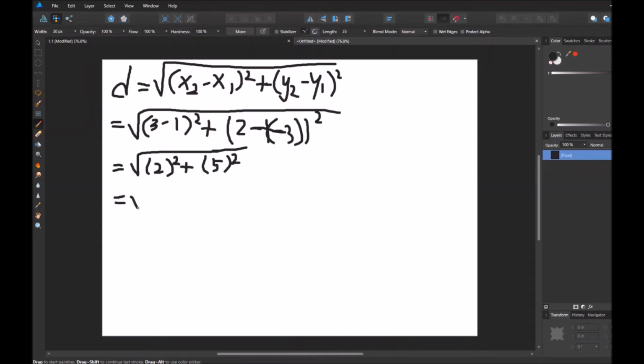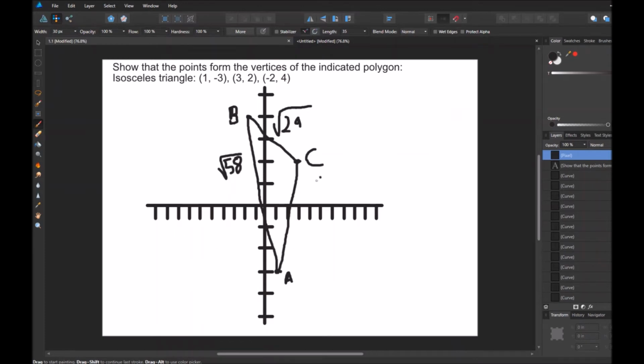So 2 squared is 4, and 5 squared is 25, which gives us the square root of 29. So then we go over here and we'll write down the square root of 29. And we can see that two distances here are the same, meaning that these two lengths are the same, meaning that this is indeed an isosceles triangle.